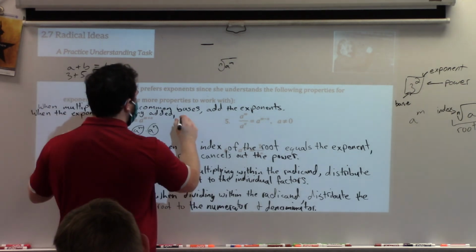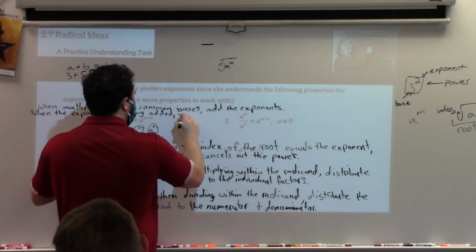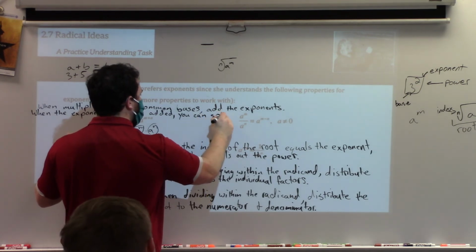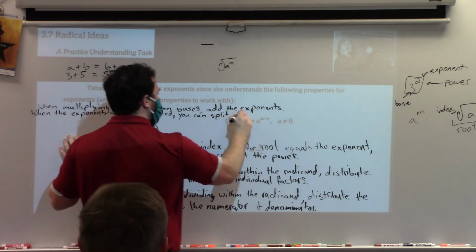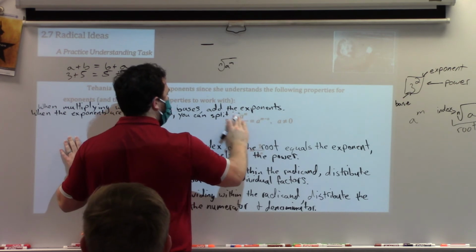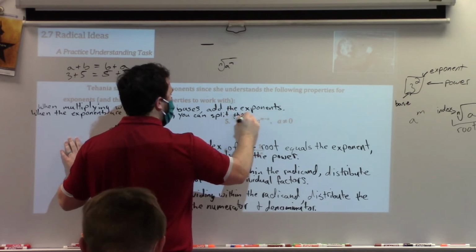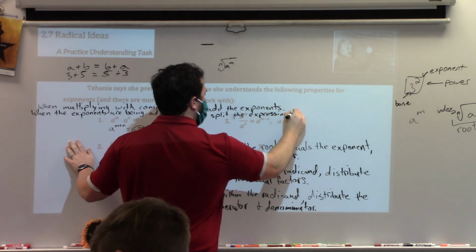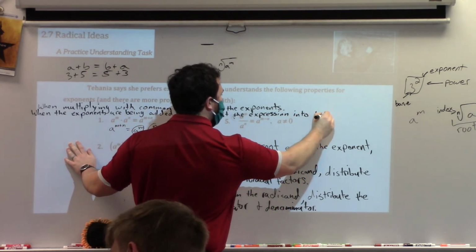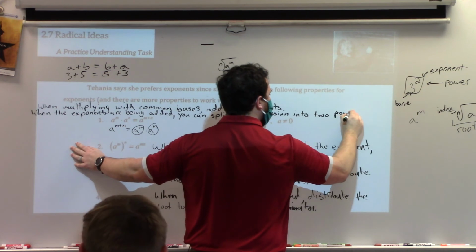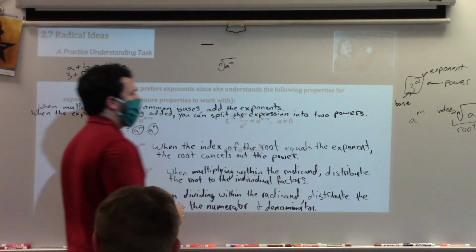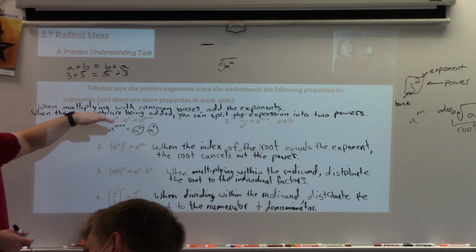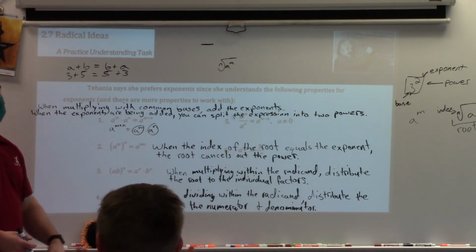When the exponents are being added, you can split the expression into two powers. Right? And it's just one power has the first exponent and the second power has the second exponent.